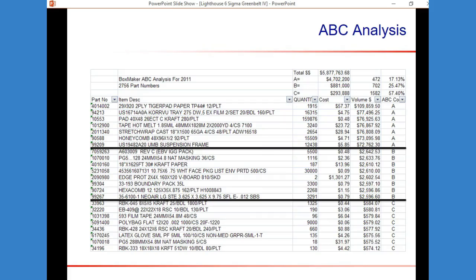I'm actually a little under the 80-20 rule. So it's quite a bit of dollars of inventory I can manage. Out of my 5.8 million total, I can manage 4.7 million of it and only worry about 17% of my part numbers. So the actions on that 17% would be, I'm going to watch those like a hawk.